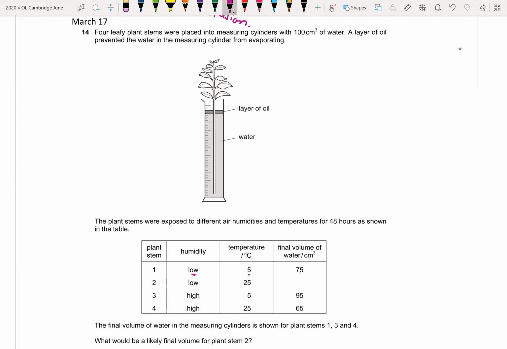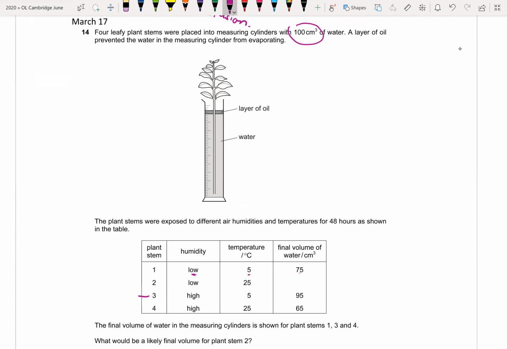When he put it in high humidity and low temperature, the final volume was 95, since he started with 100 cc. We know that low temperature is going to lower the rate of transpiration, and high humidity is going to lower transpiration.